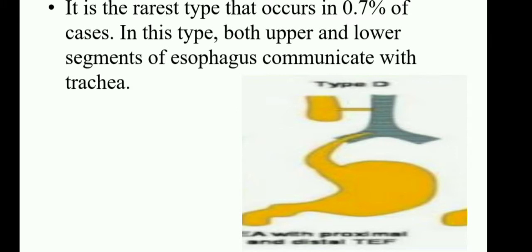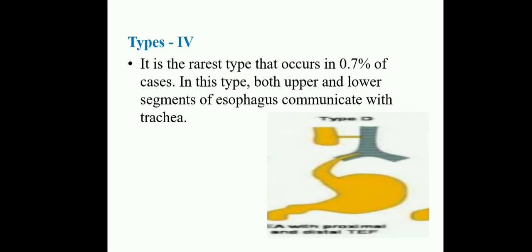Both proximal and distal segments have atresias, but here the fistula is there. The proximal end of the esophagus is connected with the trachea, and the distal part of the esophagus is also connected with the trachea. This is the rare type. 0.7% of cases may be affected with this fourth type.